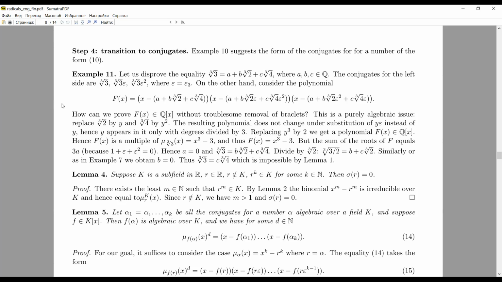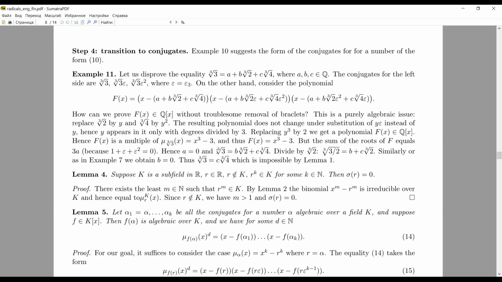And then we compare the sums of roots of these polynomials, and we have that a equals 0, because the sum of roots of the right hand side equals 3a, and the coefficient at x square of x cubed minus 3 is equal to 0. So a equals 0, and we get such an equality.